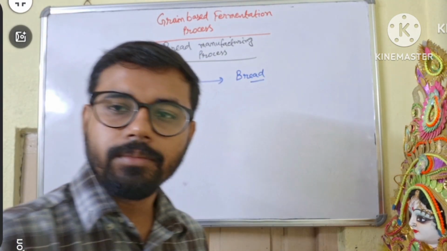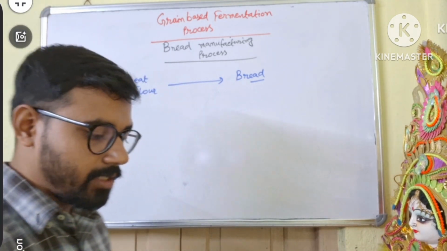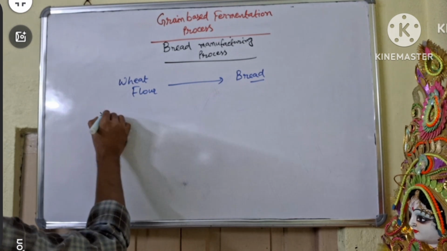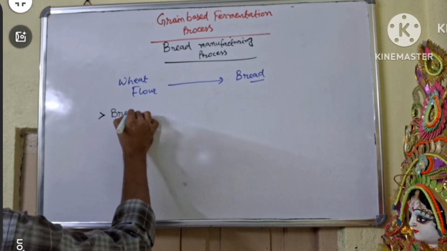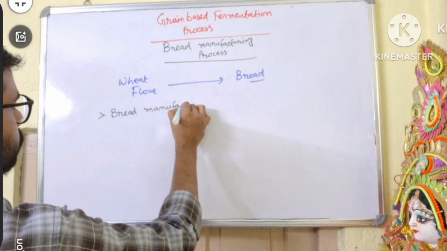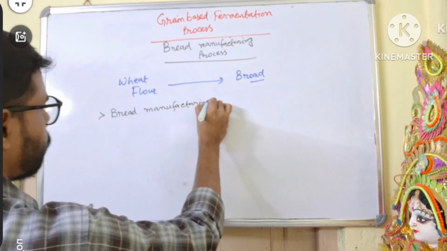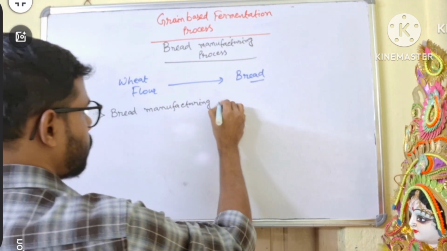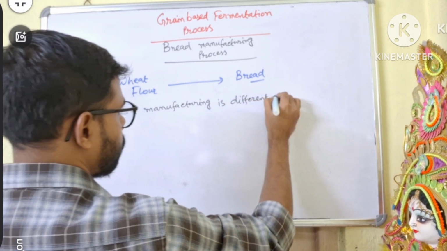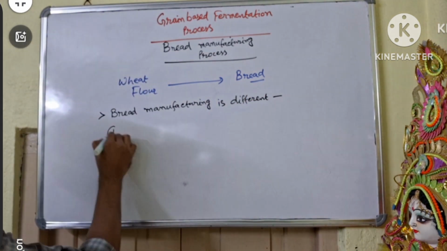So the bread fermentation process, or bread manufacturing process, has some distinct features. It is different from other manufacturing processes. In what aspect is it different?